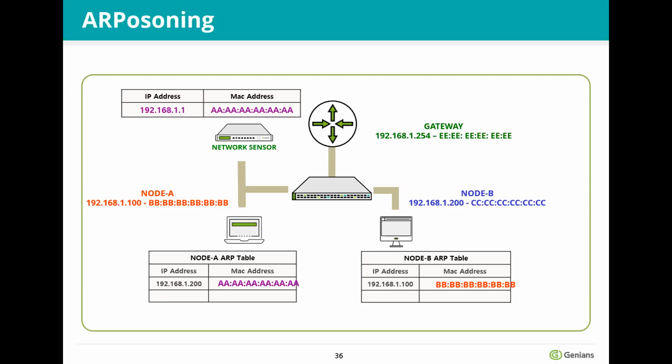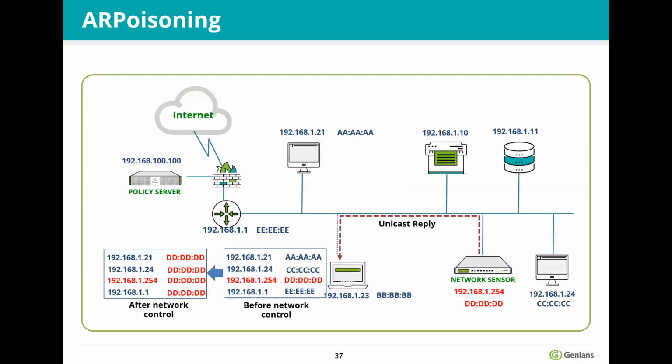So node A couldn't communicate with node B. So there is the architecture before network control and after network control, ARP table, where the destination MAC is the network sensor MAC.